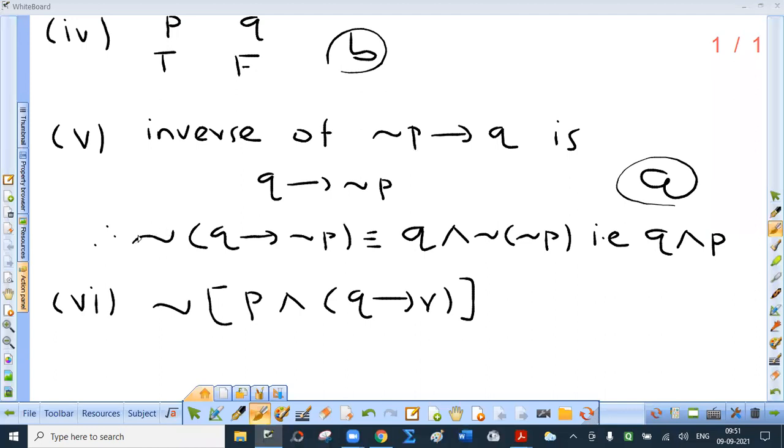Actually, in the textbook for sum number 5, C option should have been P or Q. Correct that. Not only that, the sum is negation of inverse of not P implies Q. Just a minute. Please write down this.